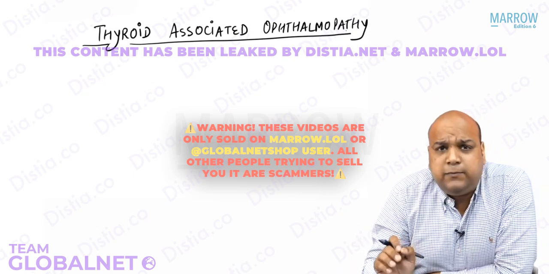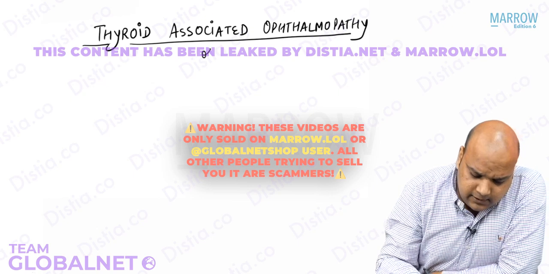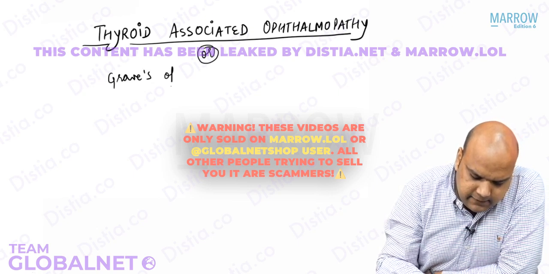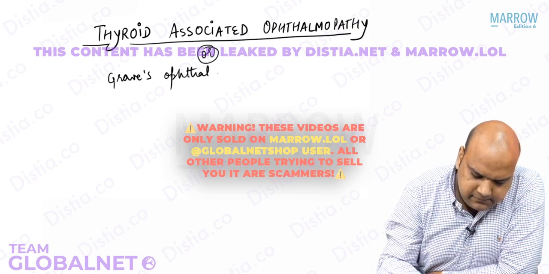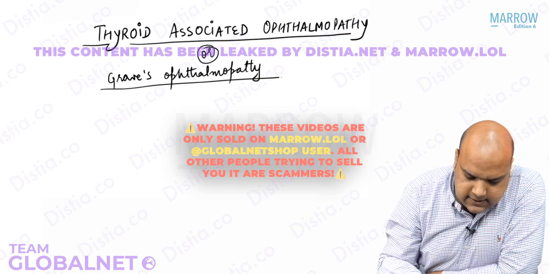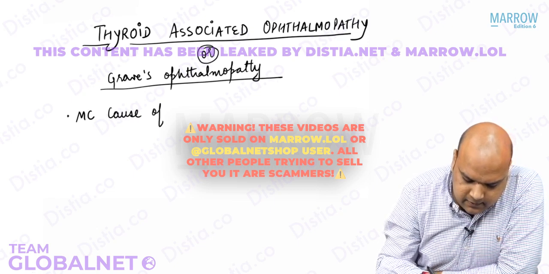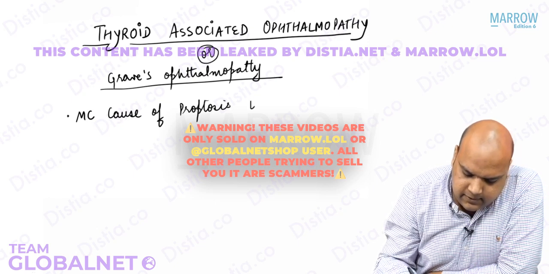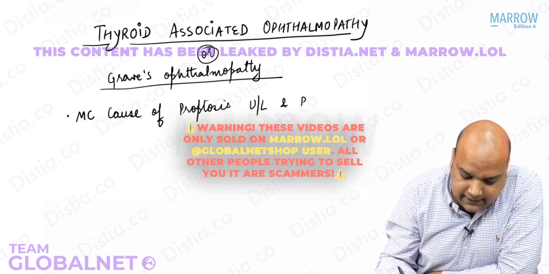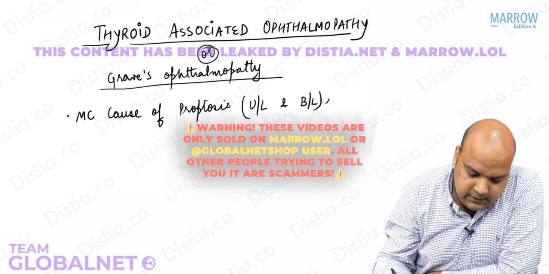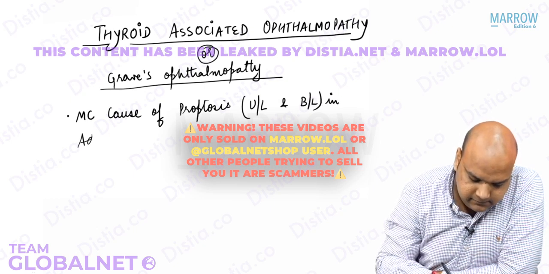Thyroid associated ophthalmopathy, or as some people like to call it, Graves' ophthalmopathy. This is the most common cause of proptosis, unilateral and bilateral both, in adults.